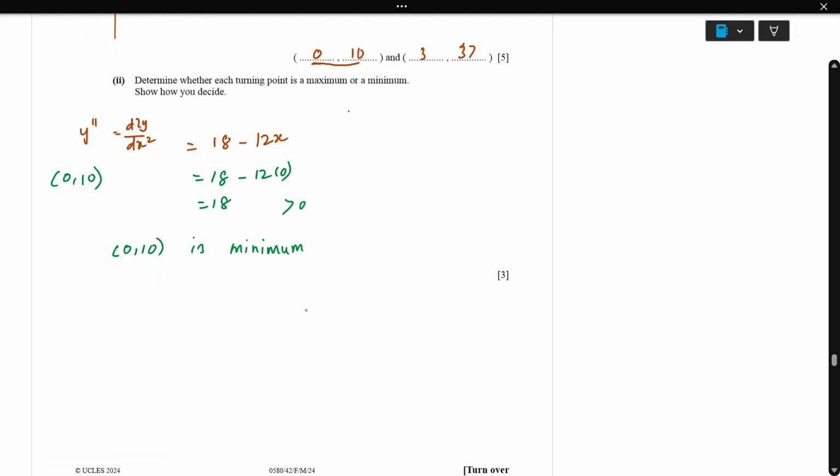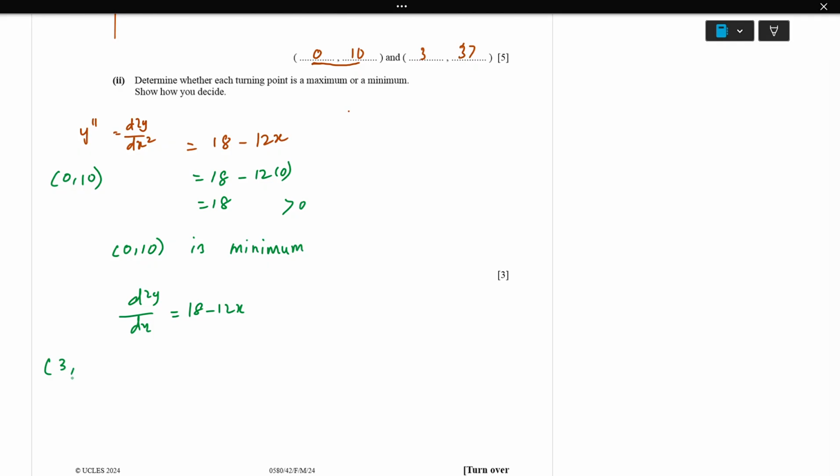Next, again, d square y by dx square is 18 minus 12x. Now I'll bring the next coordinate, which is (3, 37). Here also I need to substitute x in 18 minus 12x, which is 18 minus 36, equal to negative 18.